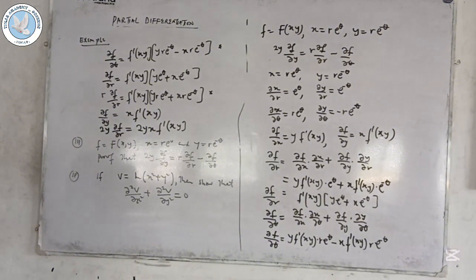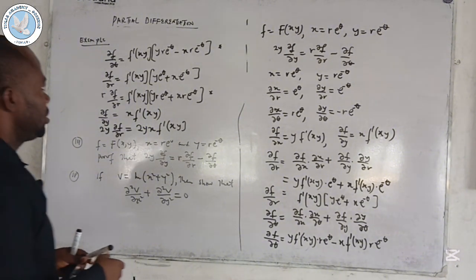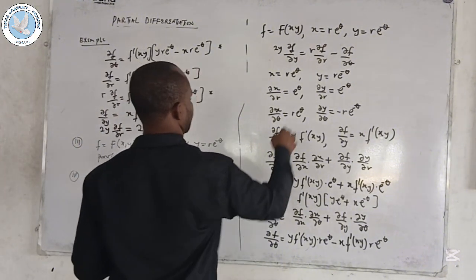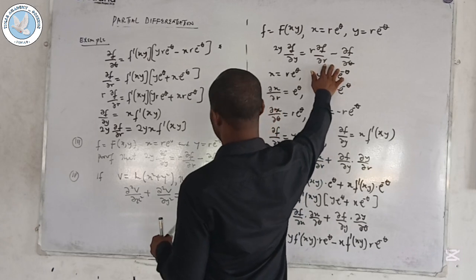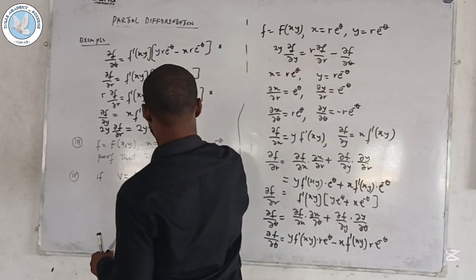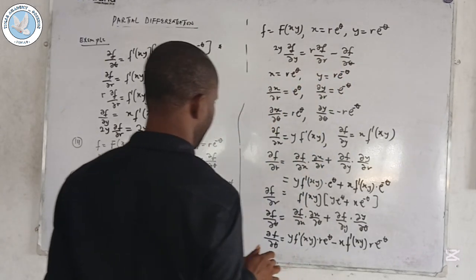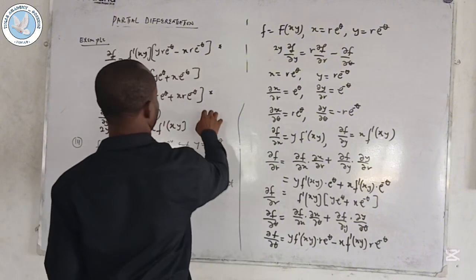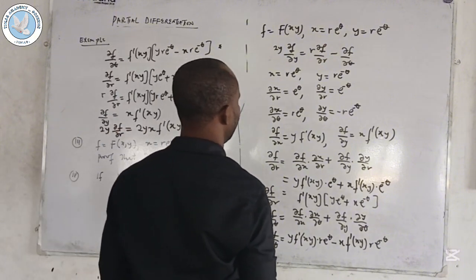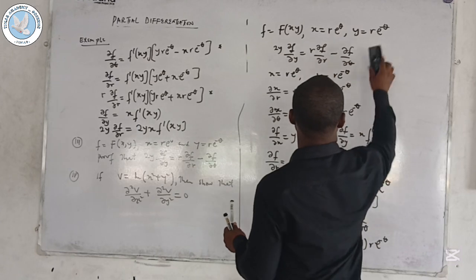So let's see how it is. We are saying that this is the same thing as this. So let's see how it's the same. We've gotten these two. Let's see how we can find the solution to this.